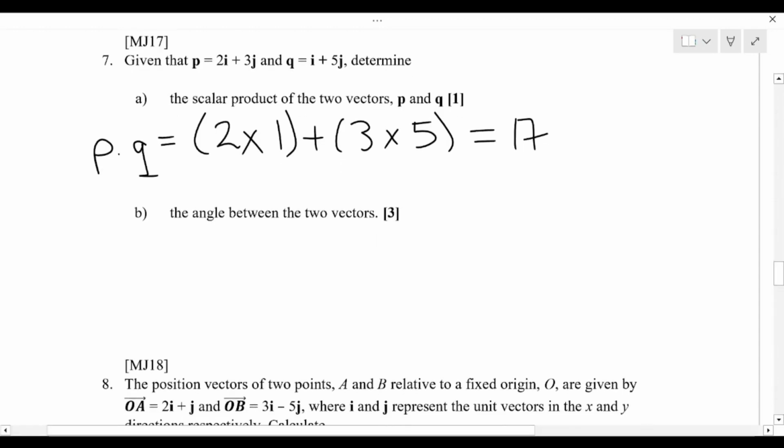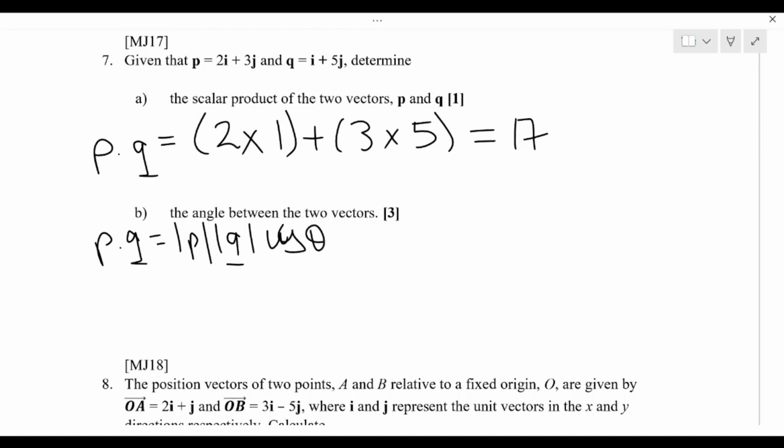The angle between the two vectors we're going to calculate using the dot product formula. Now, the dot product p dot q is also equal to the magnitude of p times the magnitude of q times cos theta. Transposing, we get that cos theta is equal to the dot product over the product of the magnitudes.